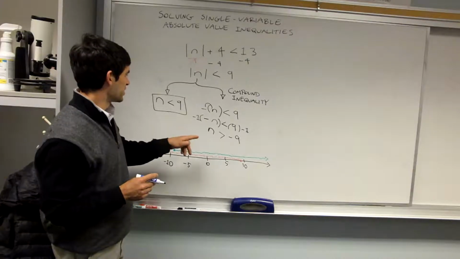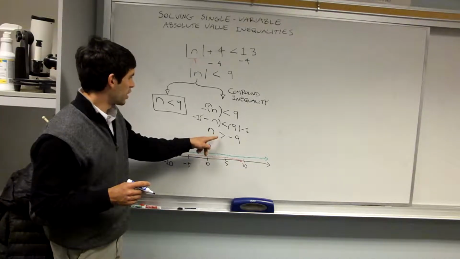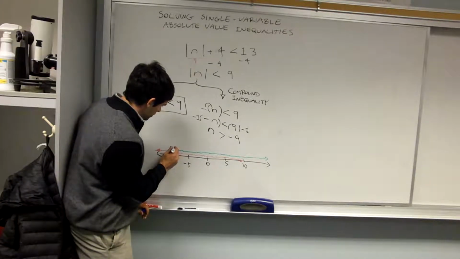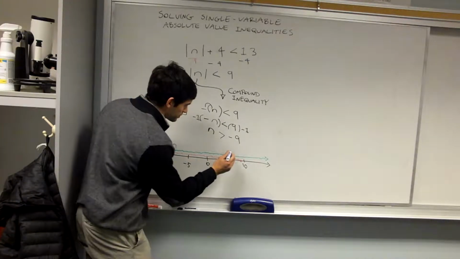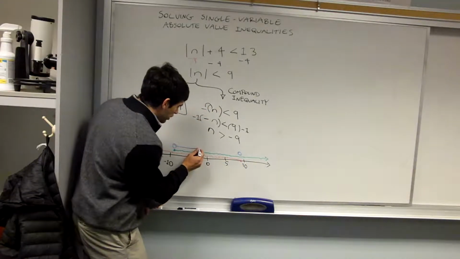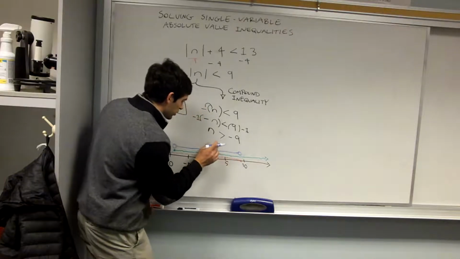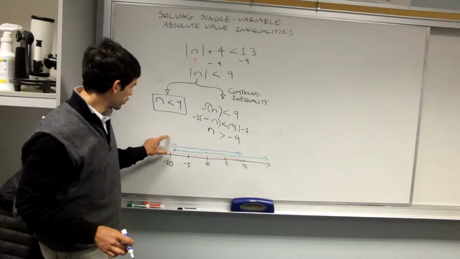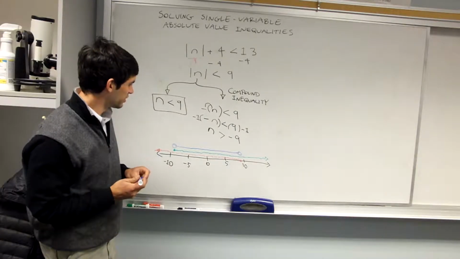So I did make one mistake here. We have n is greater than and n is less than, so these should be open circles. Open circles here. And our answer on a graph is going to look like this. It's the area that's shaded by both of our inequalities.